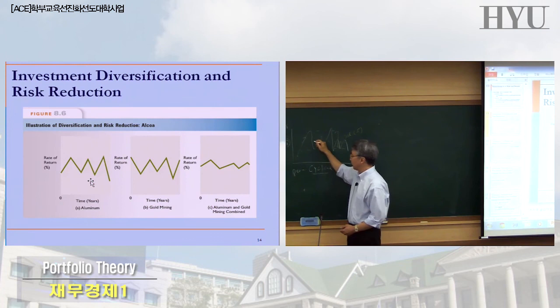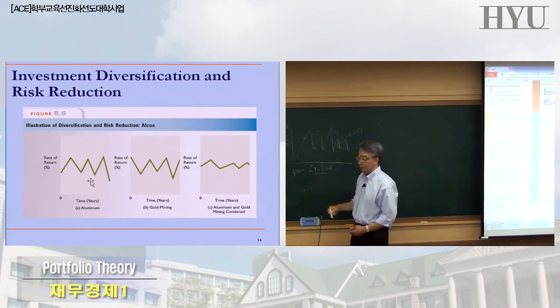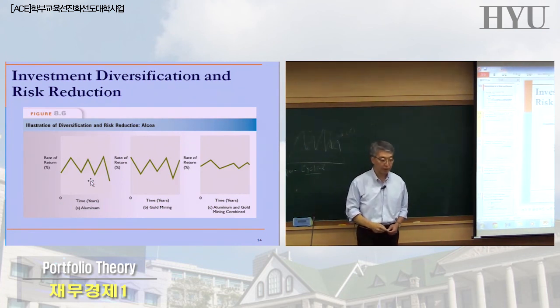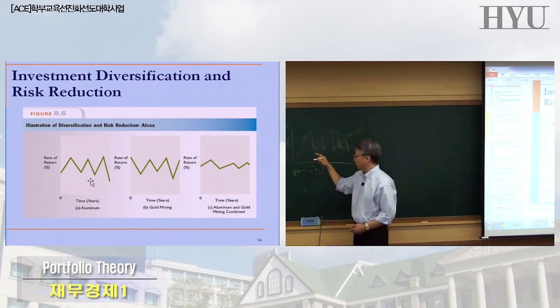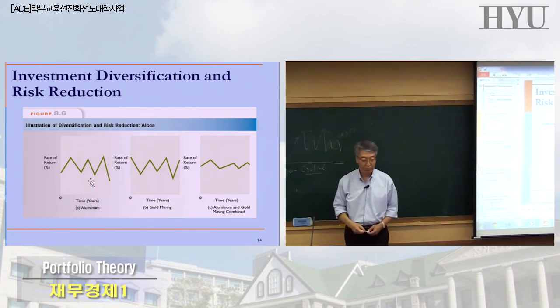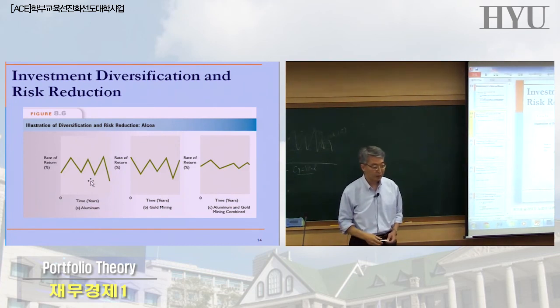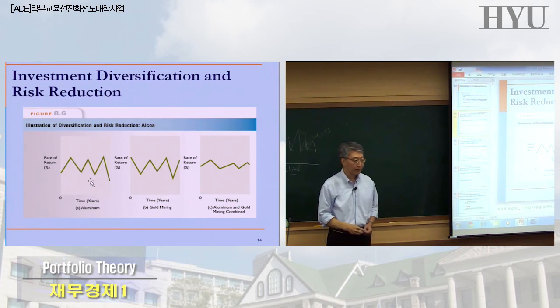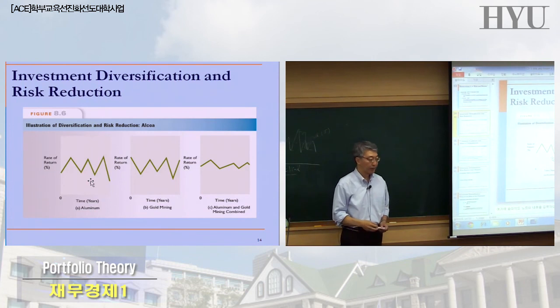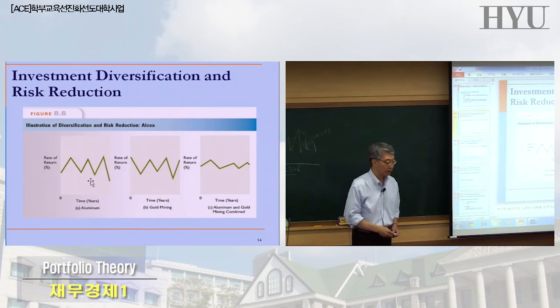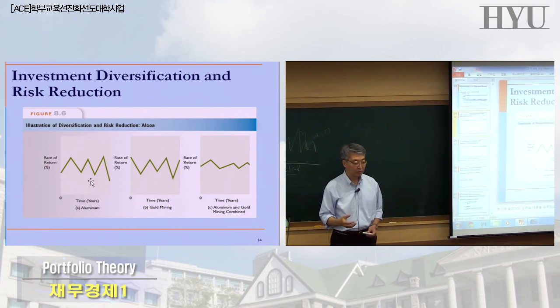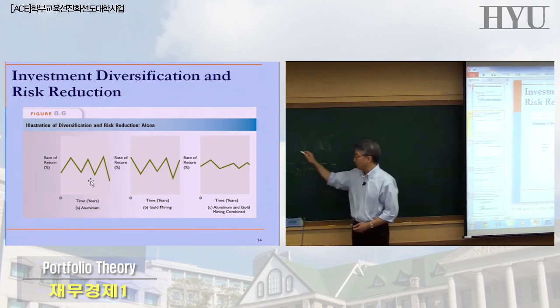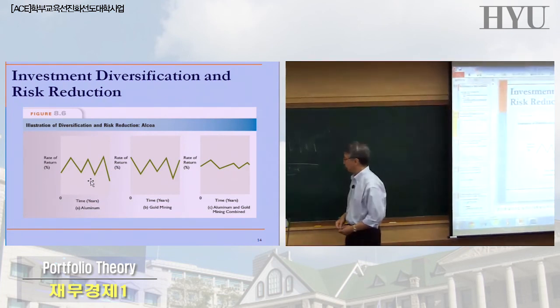But when the economy goes into a recession, the return from aluminum can go down, which is quite plausible, because of the products that use aluminum, maybe airplane manufacturing or beer cans or soda cans. The demand for aluminum will probably increase if the economy is strong, but it will go down when the economy goes into recession.